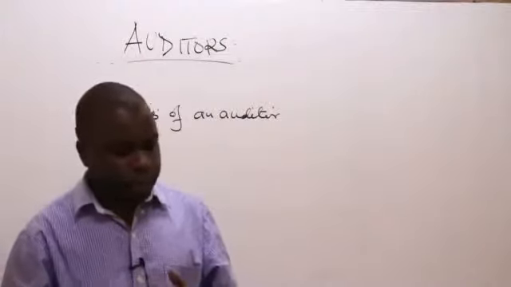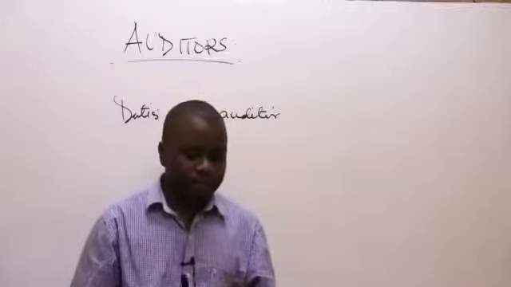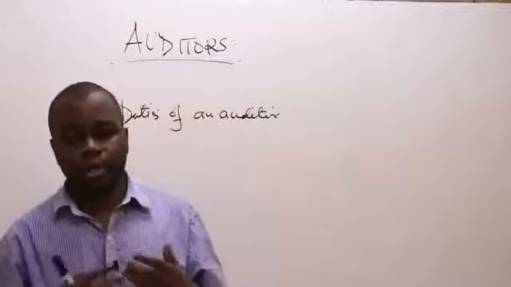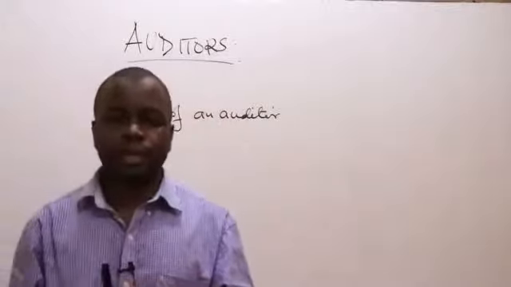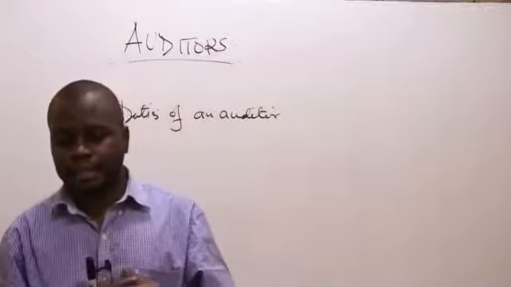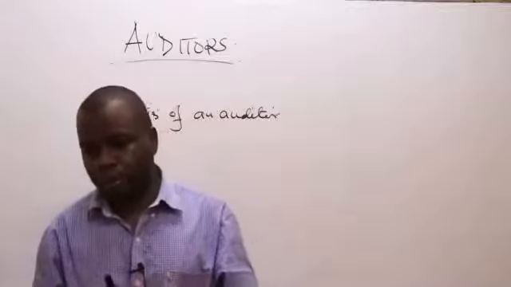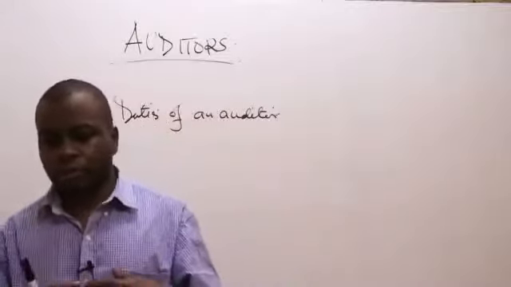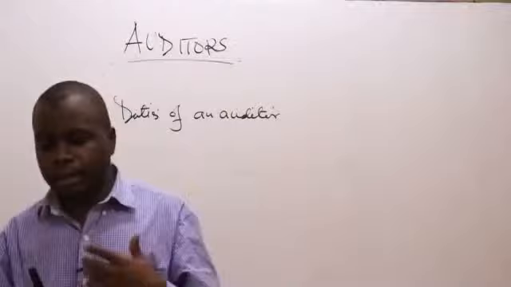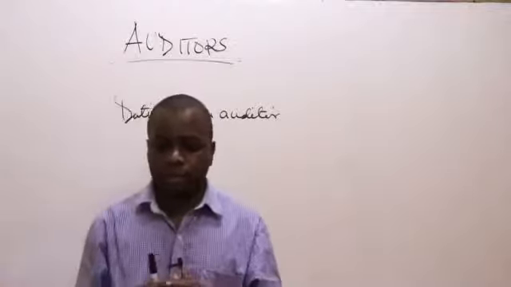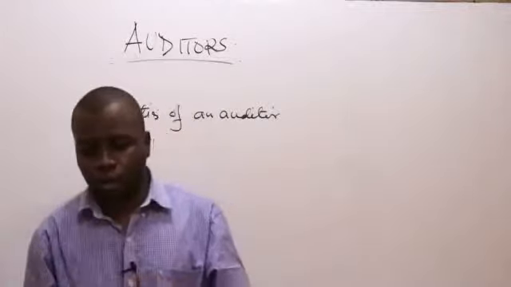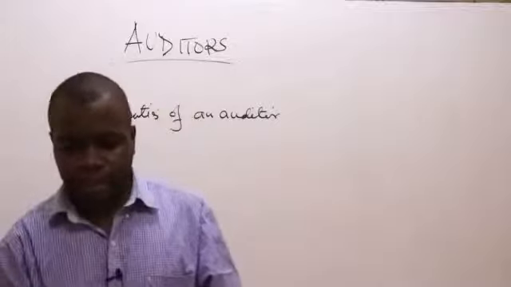Then number three, which is very key, is to carry out his work with honesty and ensure that he's doing it with reasonable care and skill expected of a person of his profession, or of his capacity, while carrying out work as an auditor of any company.